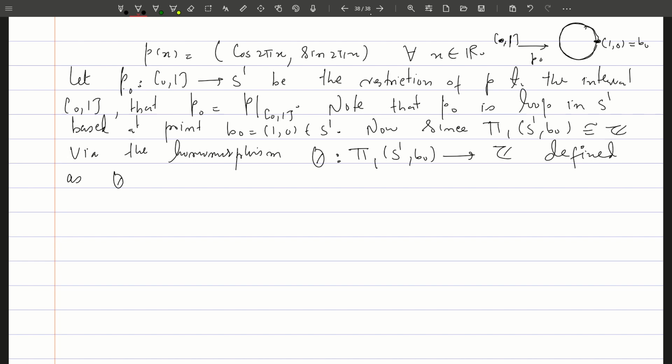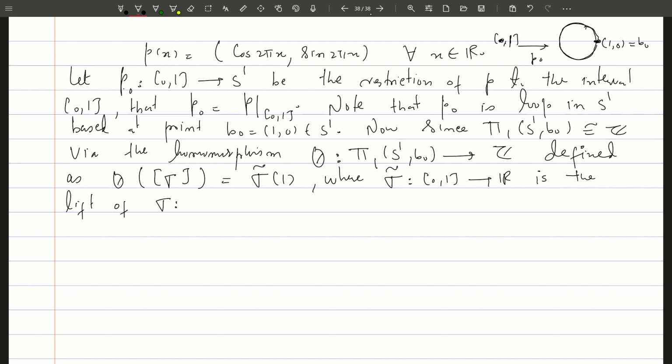When we operate theta over the homotopy class of a loop sigma, we get sigma tilde of 1, i.e. the endpoint of its lift, where sigma tilde is a map from 0 1 to R, the lift of sigma, which is a loop in S1.